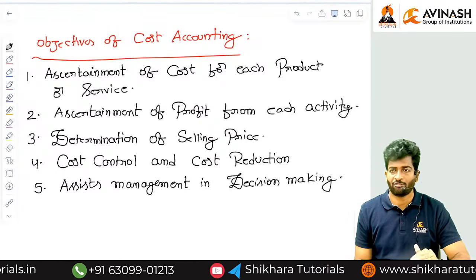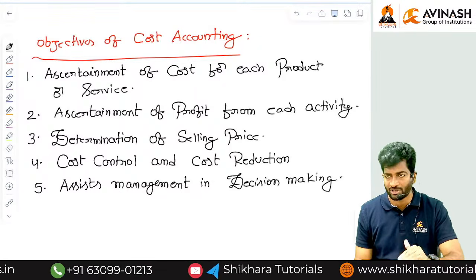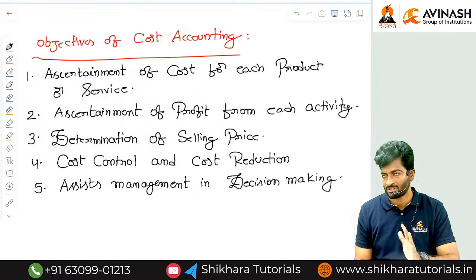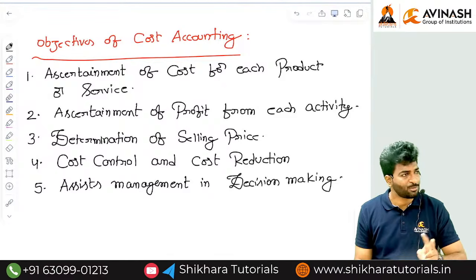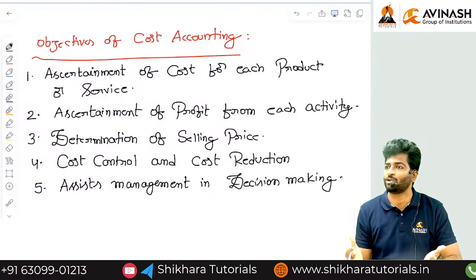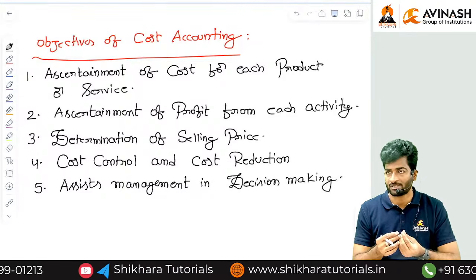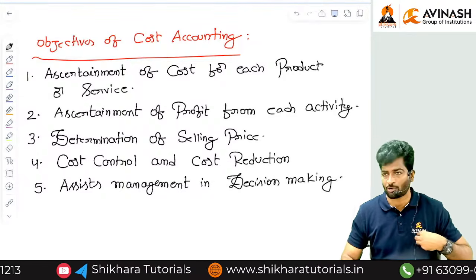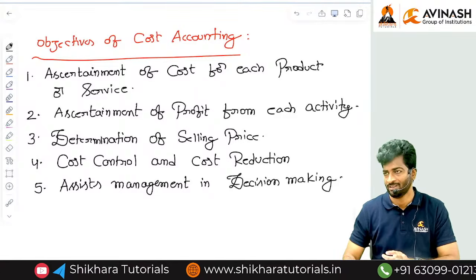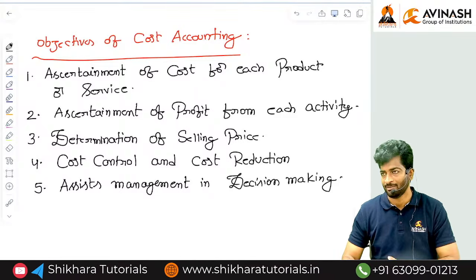Say, for suppose, your additional cost itself is some 20 rupees, and the customer is asking for 18 rupees. Why are you ignoring it? What is the reason? Because my additional or incremental cost from my pocket itself is 20 rupees, and you are asking for 18.